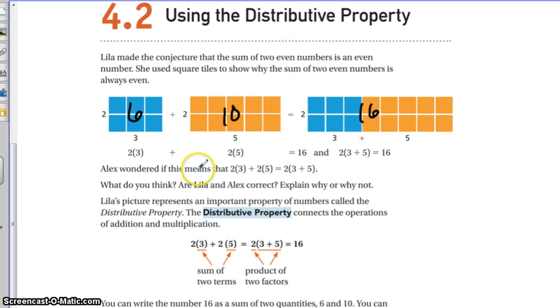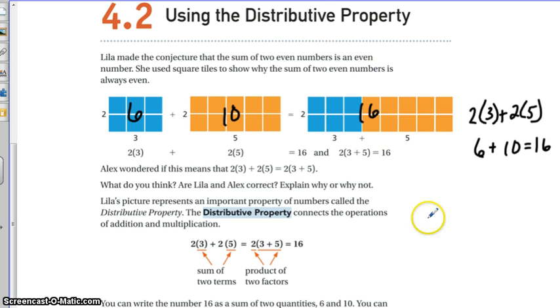Now, this is correct. Alex wondered if this means that 2 times 3 plus 2 times 5 would equal the same thing as 2 times (3 plus 5). So if we take 2 times 3 plus 2 times 5, we would get 6 plus 10, and that equals 16.